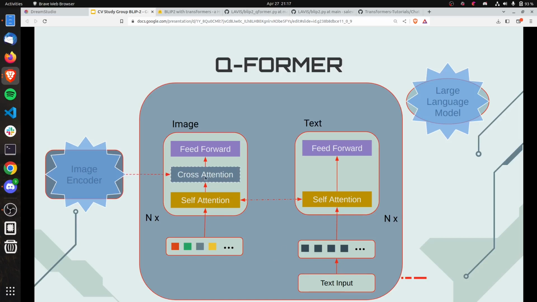And now we get to the cross-attention, because that's where the image encoder comes in. Somehow we need to connect the image encoder to the Q-Former, and that happens through the cross-attention. In every second layer, we get the tokens that come out from the image encoder, and we put them into connection with our query tokens here. Important to note is that these image tokens are never in direct contact with the text tokens.